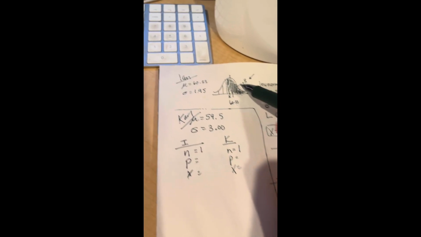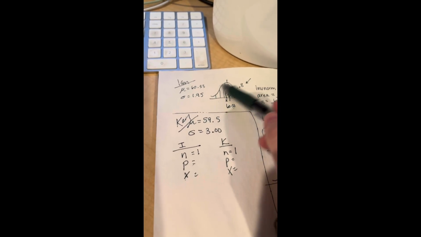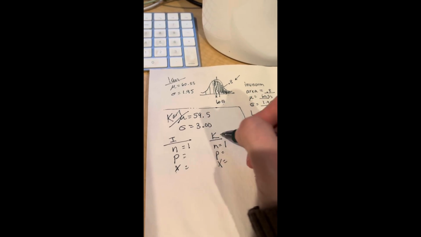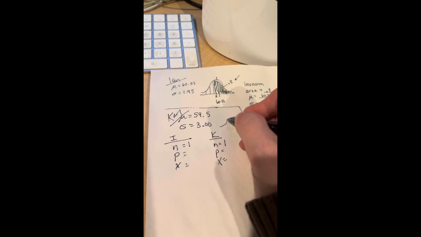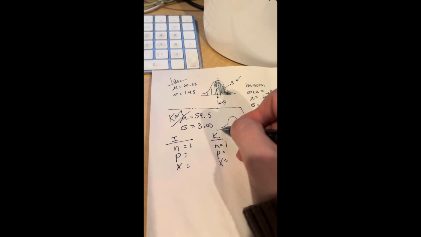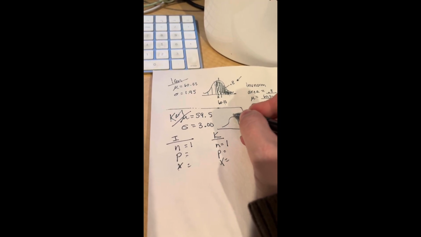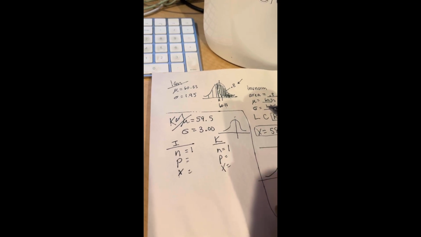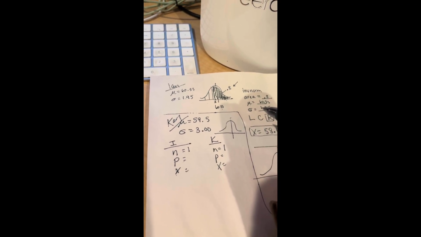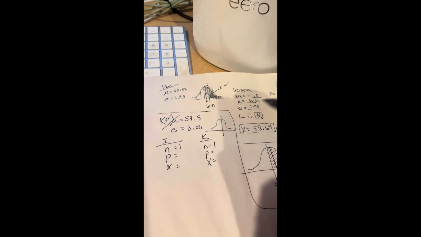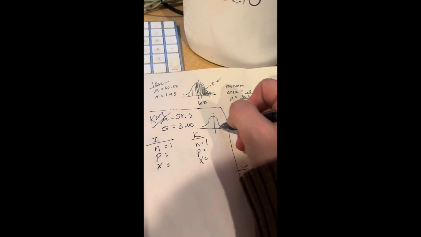Probability of success. That's where this stuff is coming in. In order to be considered successful, my bell curves are getting worse. Here's my average. We have to throw, I think it was greater than 65 meters. So 65 meters is somewhere over here.